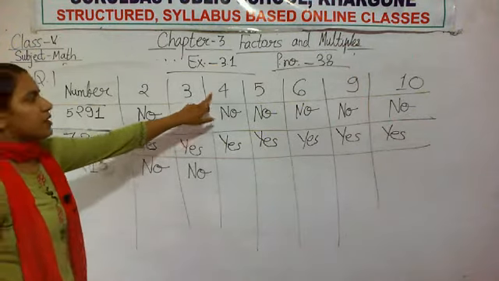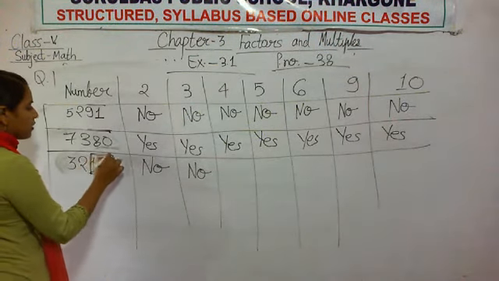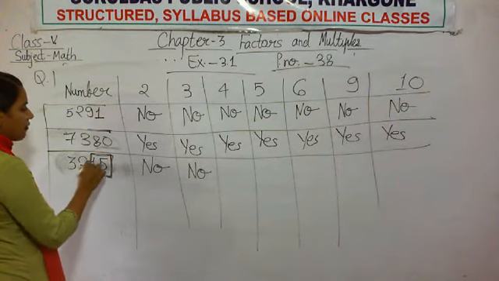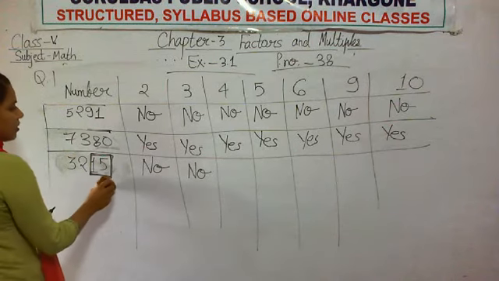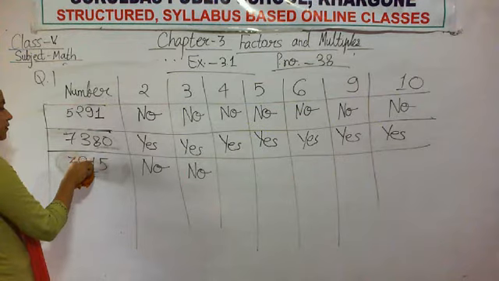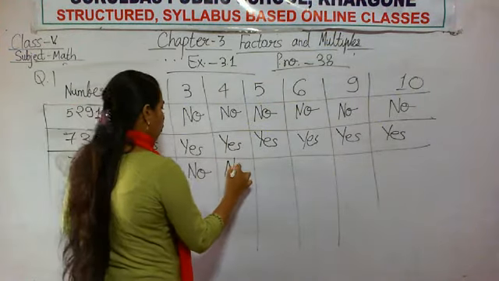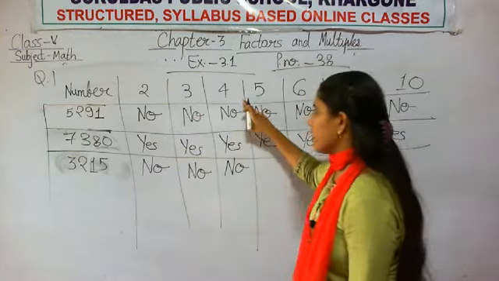Now check the divisibility by 4. For checking the divisibility by 4, you check the last two digits. If the last two digits are divisible by 4, then yes. So here 15 is not divisible by 4. So again you conclude that no, 3215 is not divisible by 4.